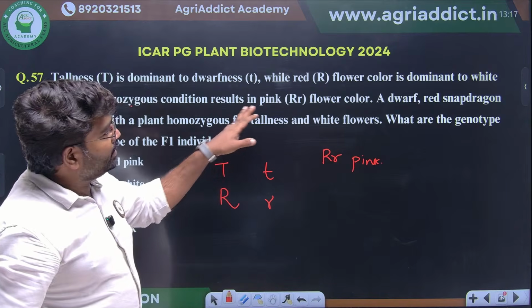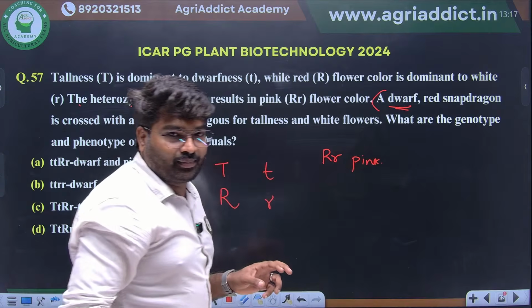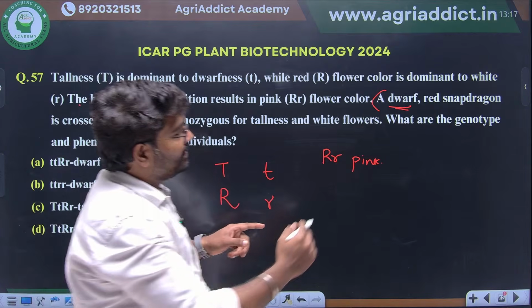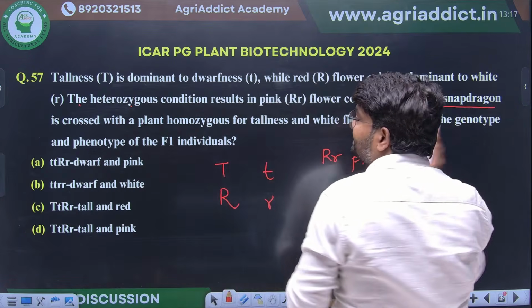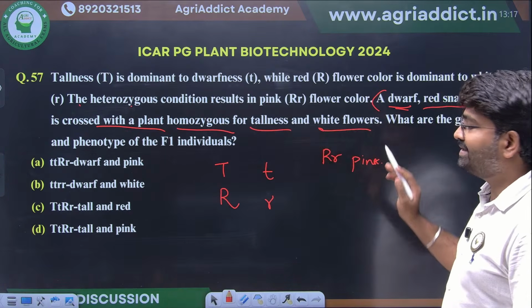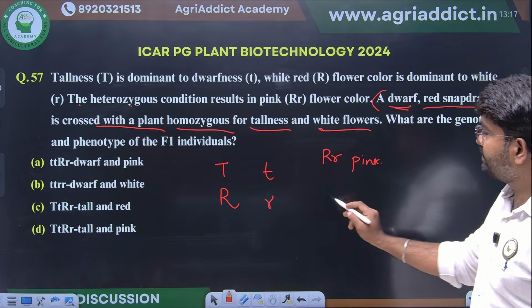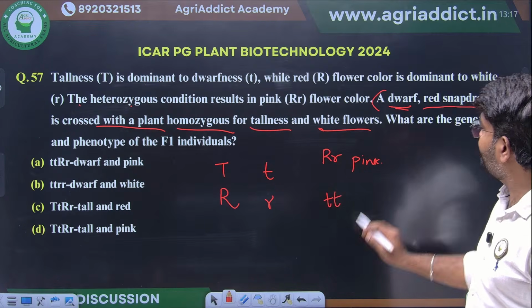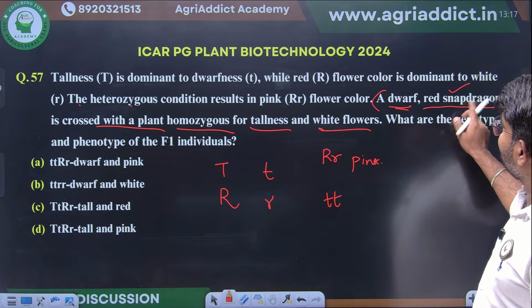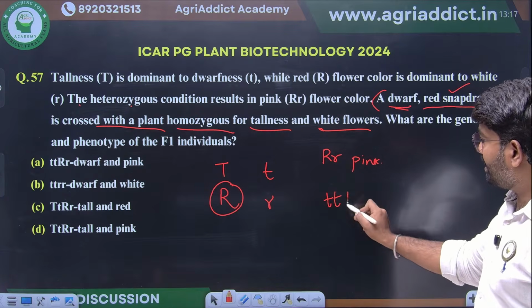Now they are asking, if a plant is dwarf red snapdragon is crossed with a plant homozygous for tallness and white flower. A plant that is dwarf means tt will be there, and red snapdragon. Red means which color? It's dominant, correct, R will come.